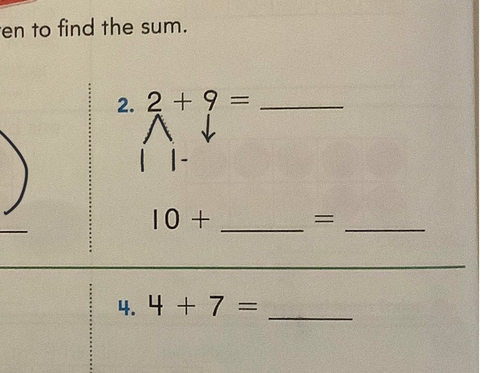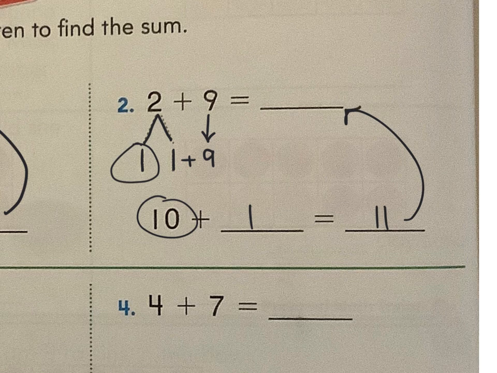Then if we bring this 9 down, what's 1 plus 9? 10. And then don't forget about that other 1 over here. 10 plus 1 equals 11. So then we go back up here. That means 2 plus 9 equals the sum of 11.